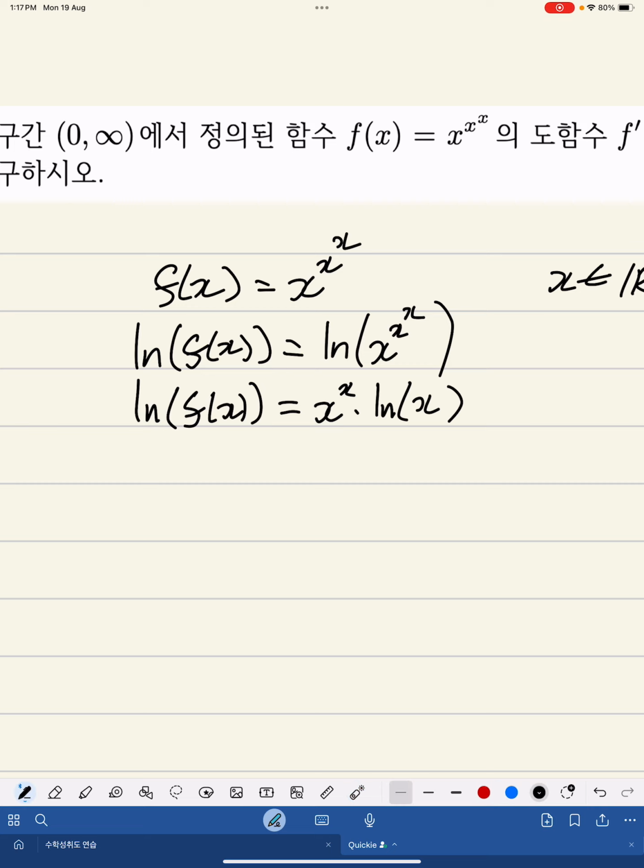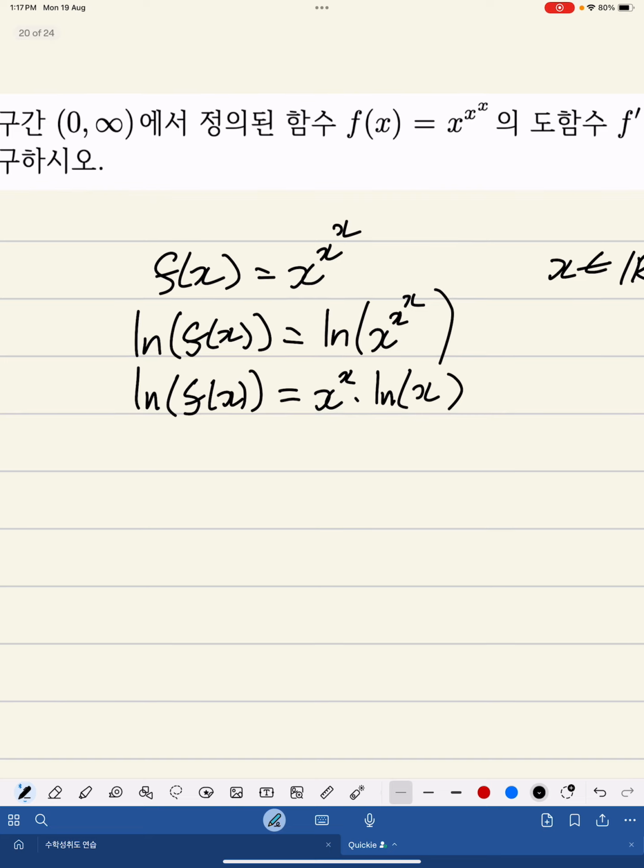Now the next step is to differentiate both sides. If you differentiate a logarithm, the function inside becomes f prime x over f of x because of the composite function chain rule, right?